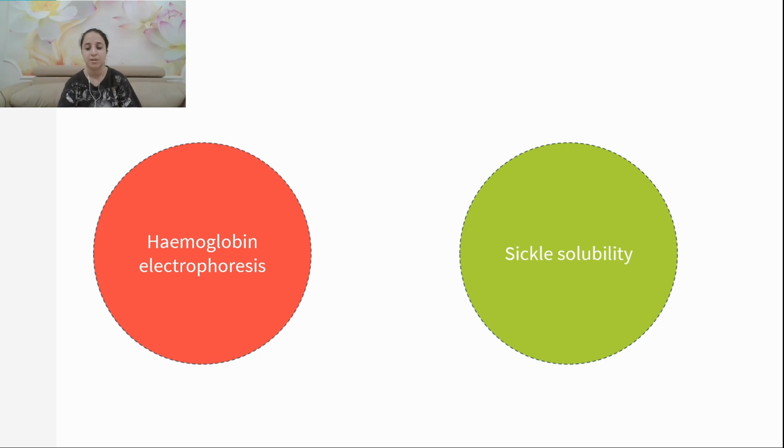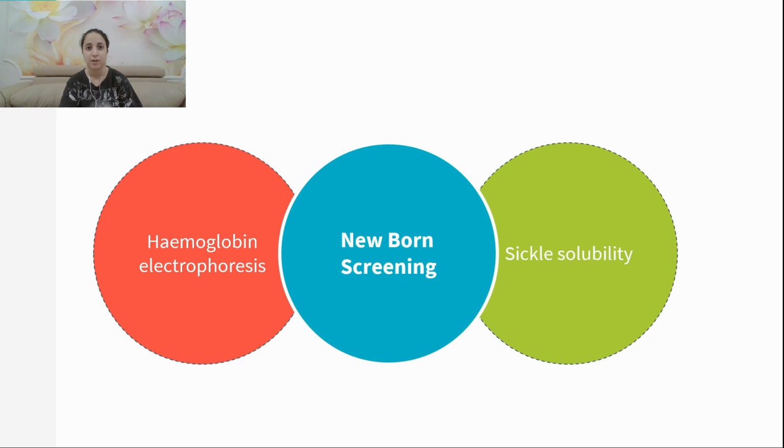This is because in those countries we have something called newborn screening. This is when the newborn baby is tested for a certain number of genetic diseases, and in the US, for example, sickle cell disease is one of them. So as soon as the baby is born, he would be tested for it and soon diagnosed.